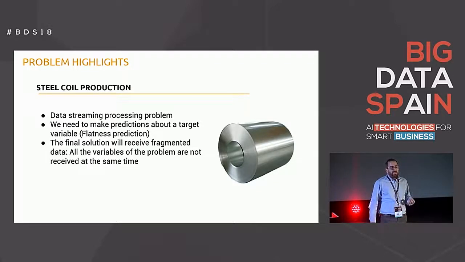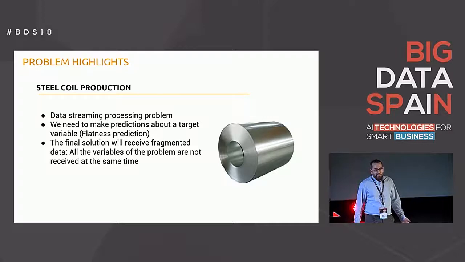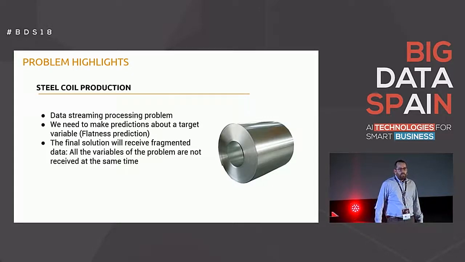The problem is that we only know the real flatness of the steel coil 2 or 3 minutes after the steel coil is produced. And it's a problem because the maker needs to know before, to maybe stop the production or to downgrade the quality of the steel.